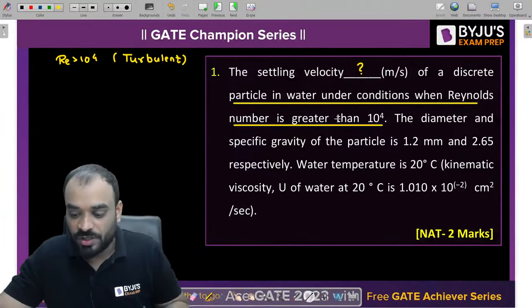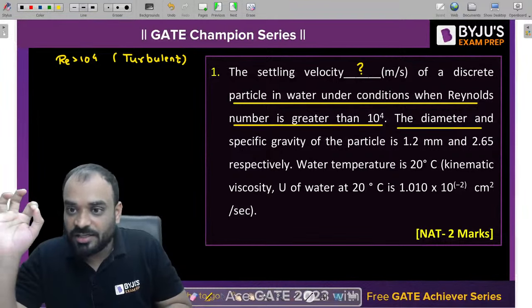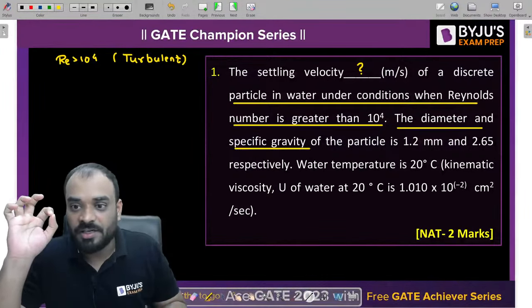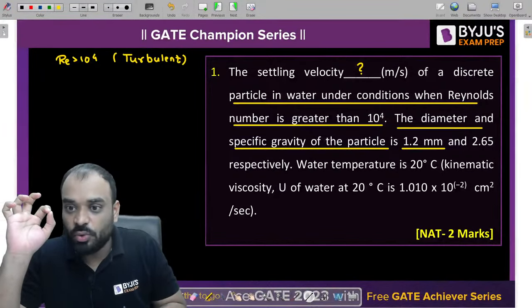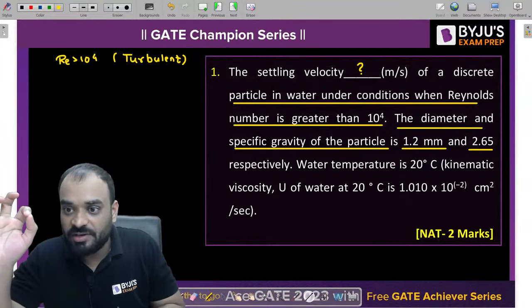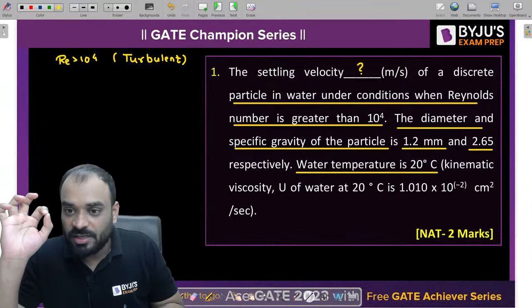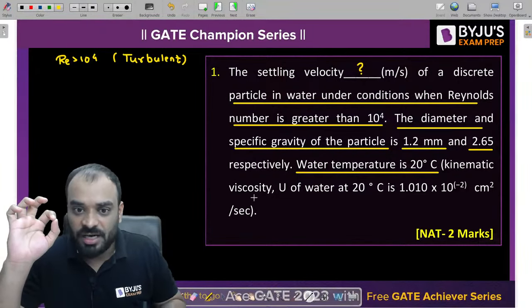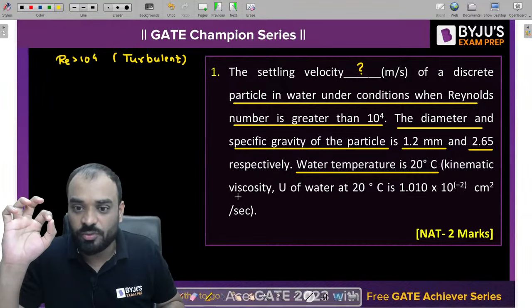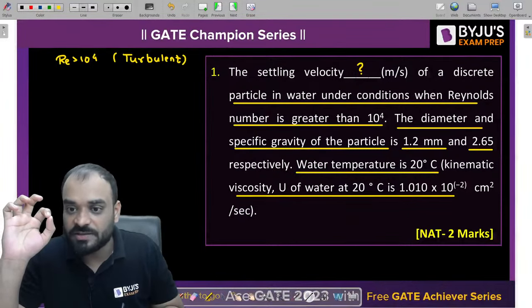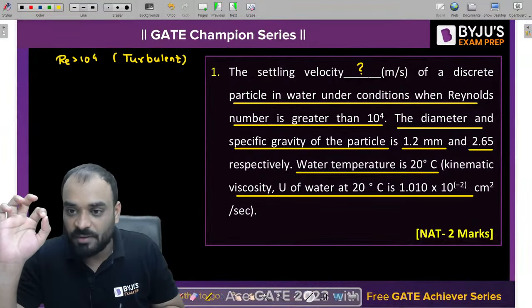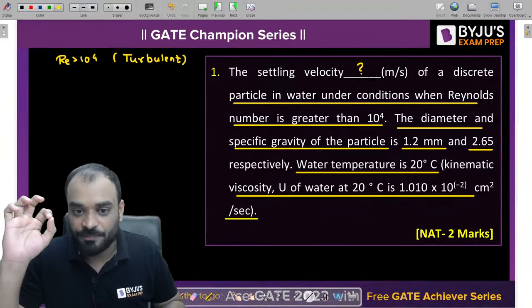The diameter and specific gravity of the particle are already mentioned: 1.2 mm and specific gravity equal to 2.65. The water is at 20 degrees centigrade, and the kinematic viscosity is also mentioned, 1.010 into 10 raised to power minus 2 centimeter square per second.